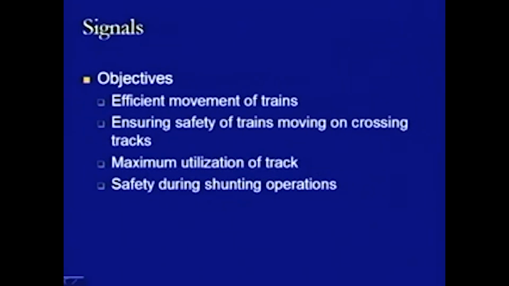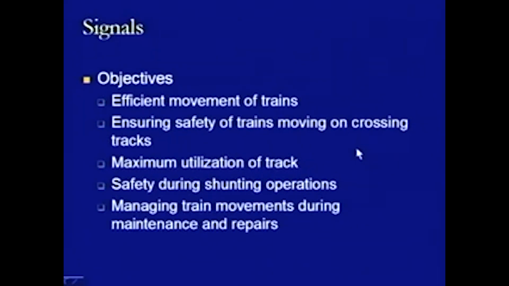This is another objective because trains are taken to the yards, or locomotives bring some more wagons or compartments, or they have to be taken from the main track to another track, or whatever other operations there are. So, that safety is to be ensured, along with the safety of the rolling stock moving on tracks or crossing different tracks, and managing the track movements during maintenance and repairs.